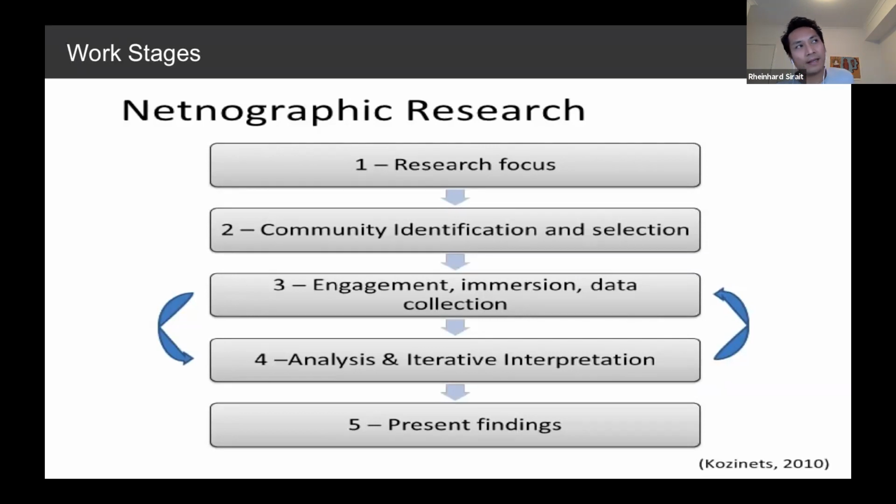Digital ethnography is actually an extension of ethnography in traditional research. In ethnography, you look for a particular environment or specific places, and then you can observe them.